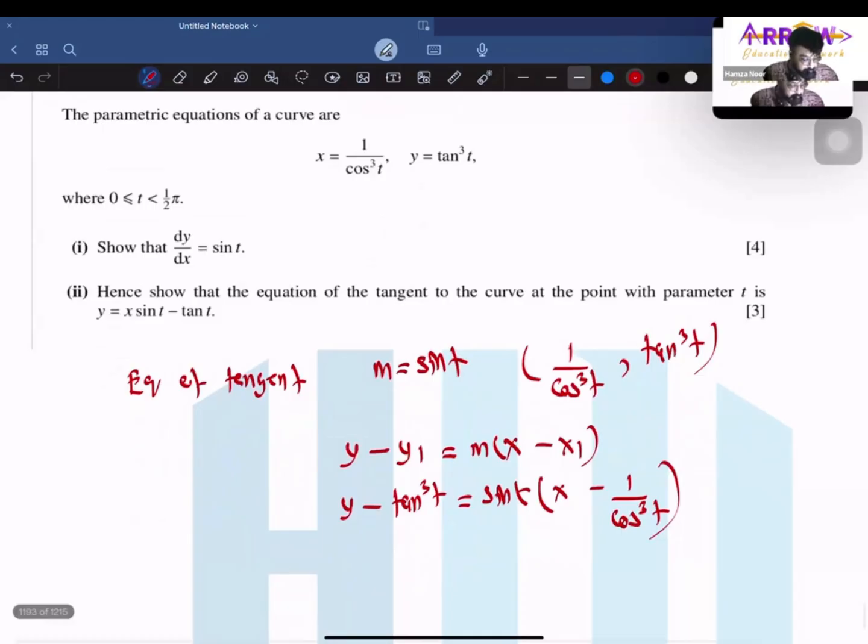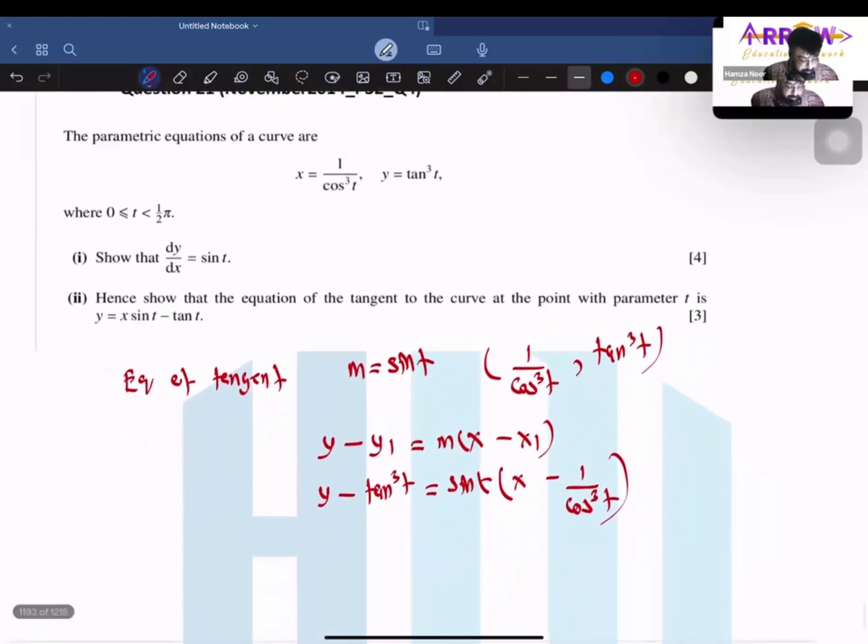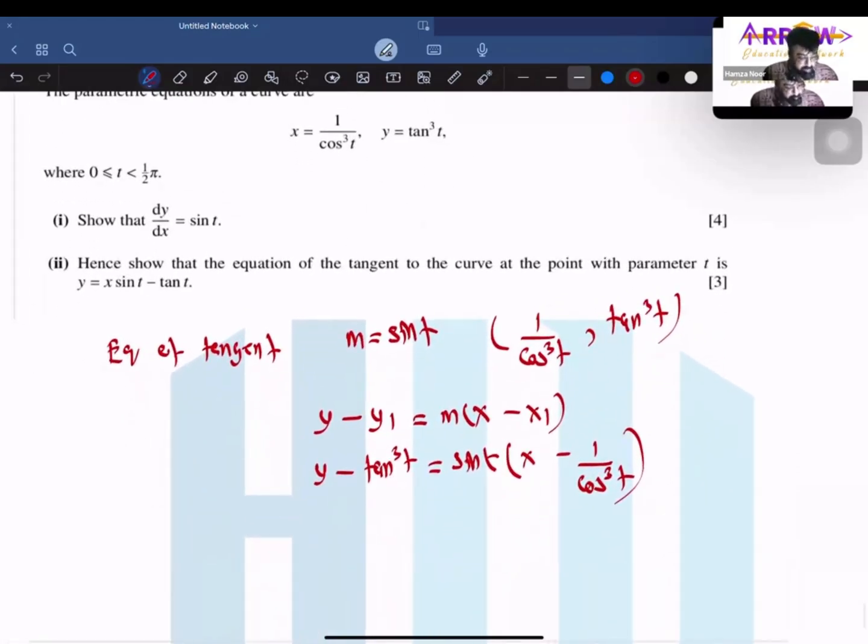Okay, so now we need a specific form over here, which is in terms of sine t and tan t. So first of all, if I make the expansion, y minus tan cube t is equal to x sine t minus sine t divided by cos cube t.